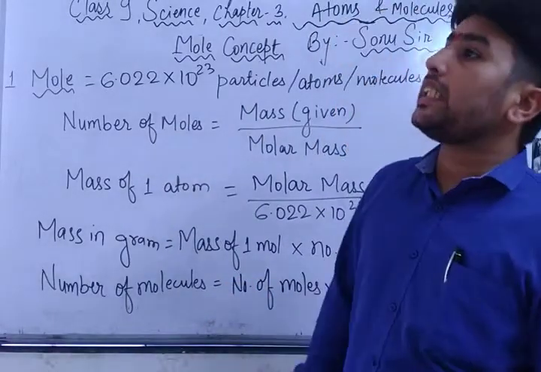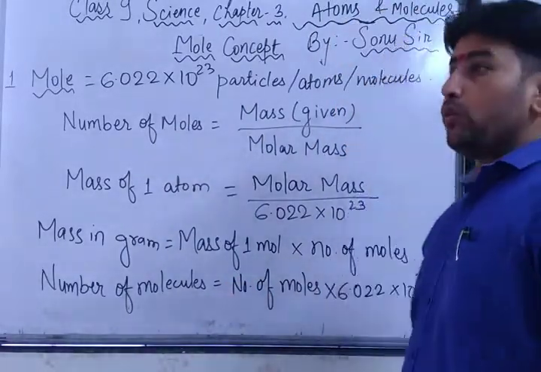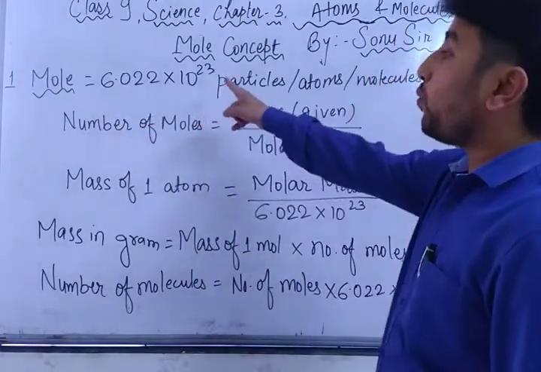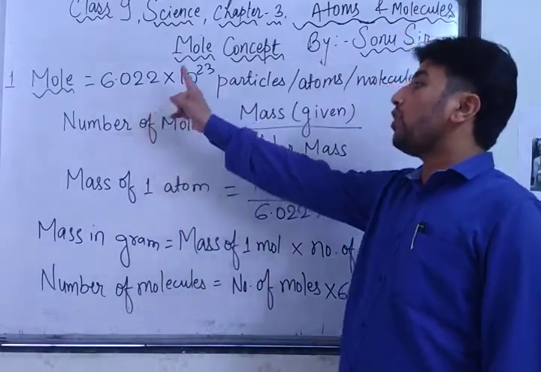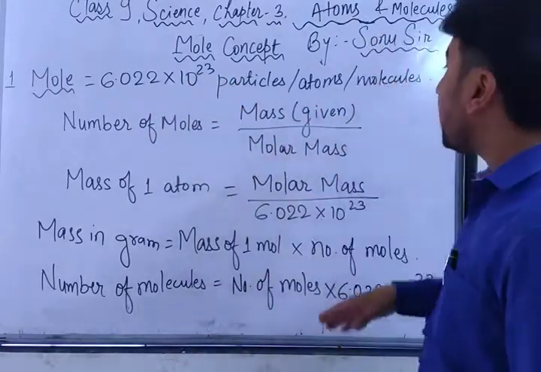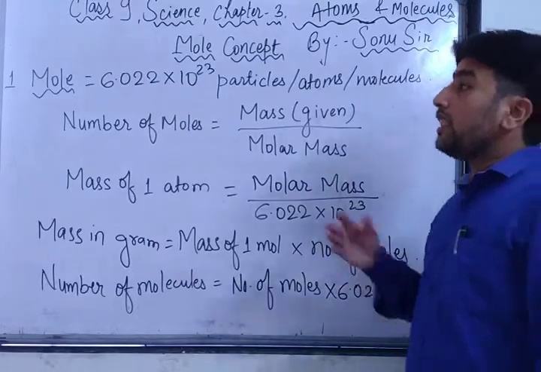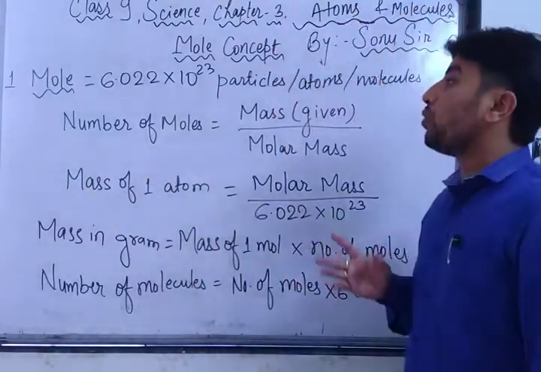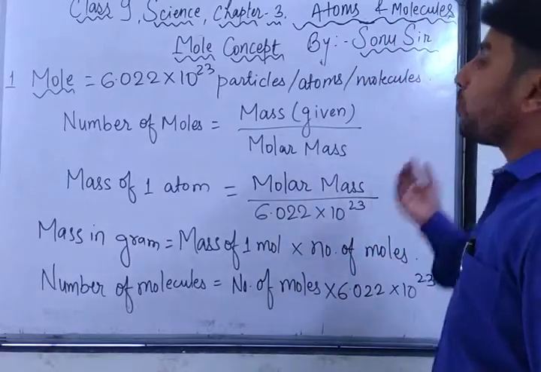It means any substance has a number of moles, and the total entities present in one mole is 6.022 into 10 to the power 23, whether entities, particles, atoms or molecules. These are the particles present in one mole: 6.022 into 10 to the power 23 particles, atoms or molecules.